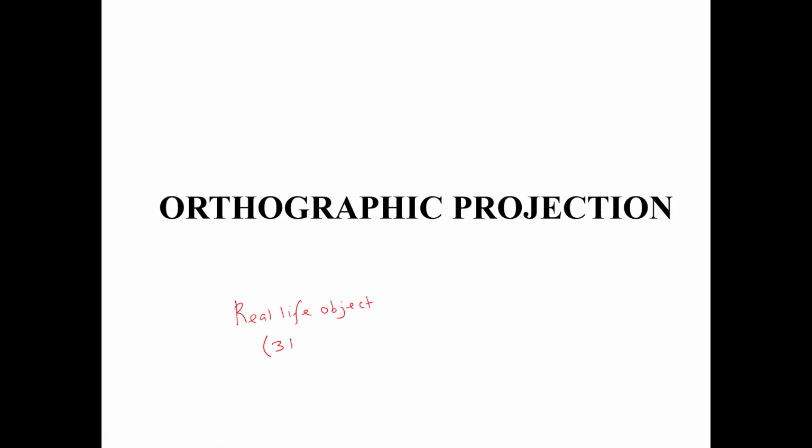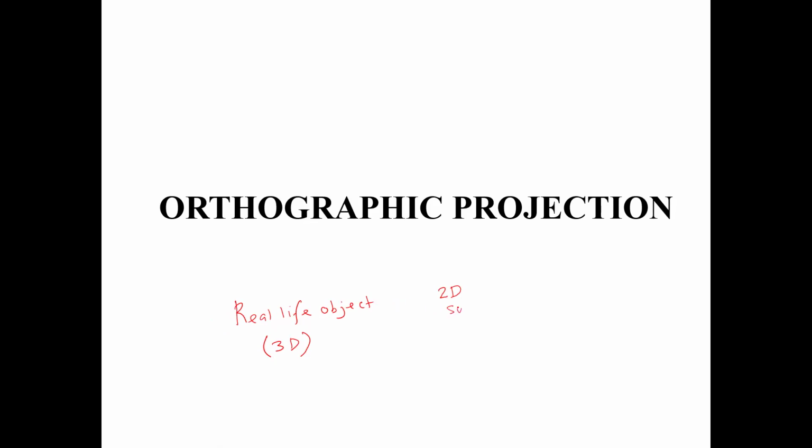Real life objects, as we all know, are three-dimensional in nature. So whenever we are trying to represent a real life object through a technical drawing, we are doing this drawing either on a drawing sheet or on the board, which is a two-dimensional entity.